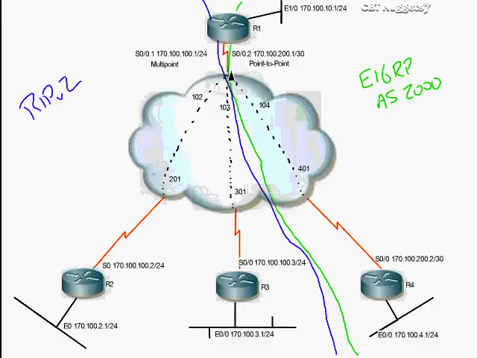These are all EIGRP routes, right? So, router 4 should only learn about this network up here, 170.100.10, via EIGRP. This should be learned as a redistributed route into EIGRP. I guess you could argue it is being learned by EIGRP, but it's an external route, right? Let's look at this again.